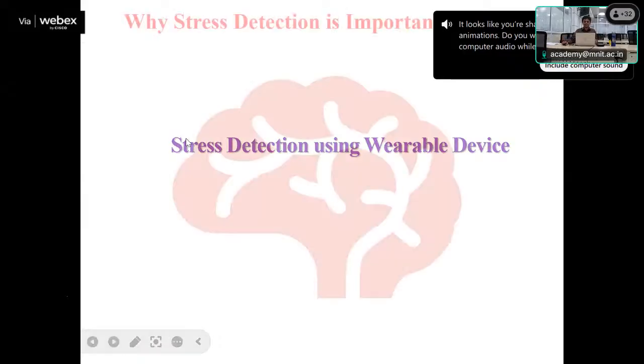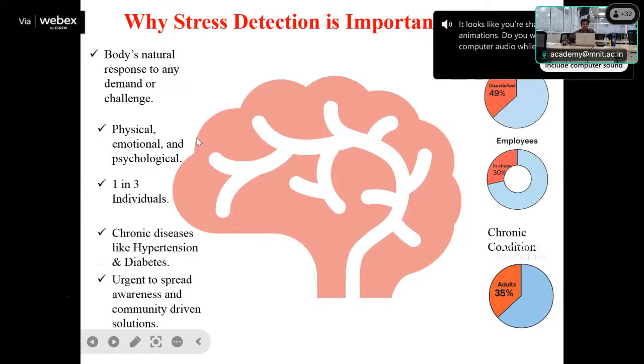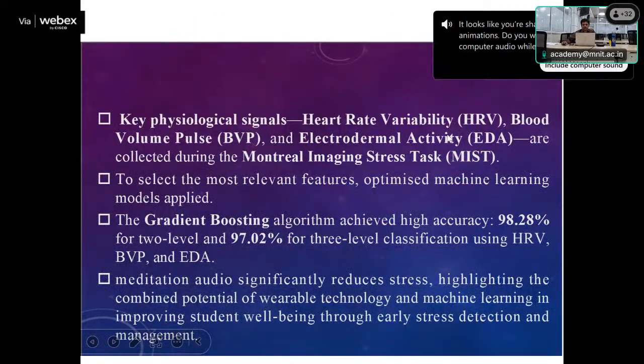This stress detection is identified with some wearable device where they are measuring heart rate variability, blood pressure, and electrodermal activity. Electrodermal activity is nothing but measuring a property of the skin through some electrical signal.